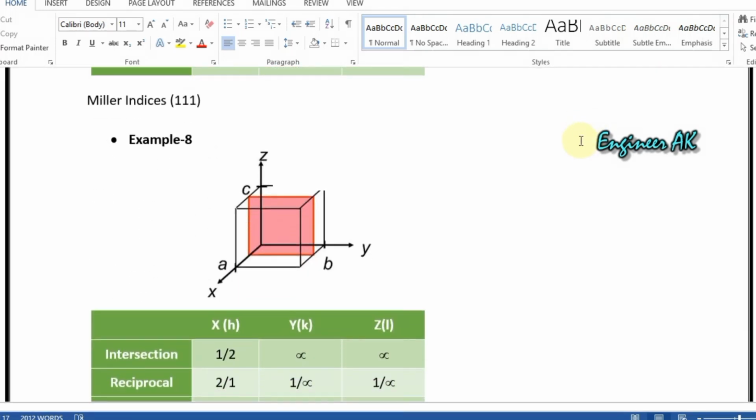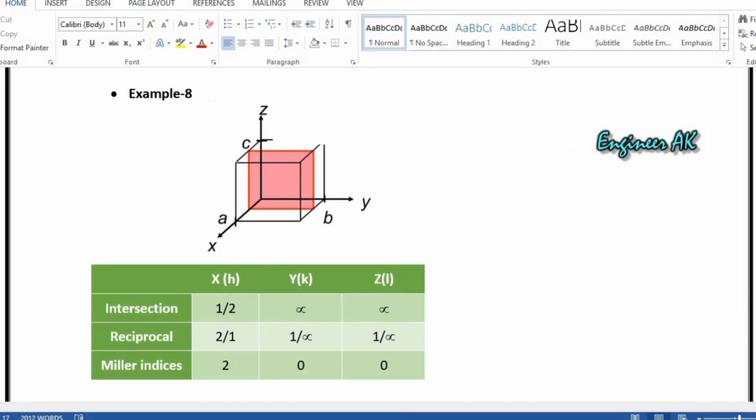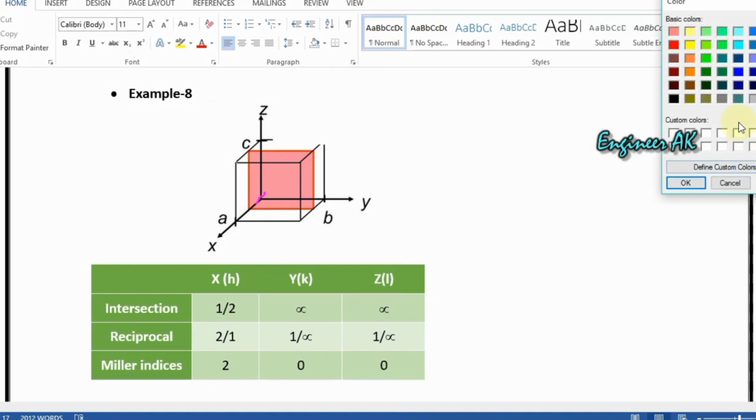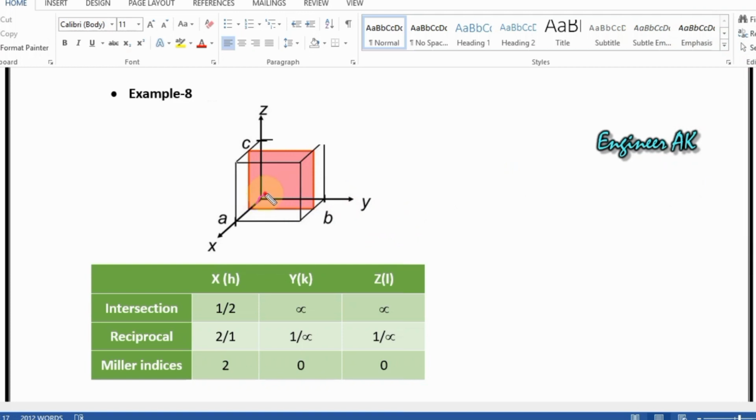Now taking another example of a different case. Let me change the pen here because it will not be visible. So again I am taking this as origin. I told you from here to here it's 1, but in this case it is half, because it is cutting at 1 over 2.